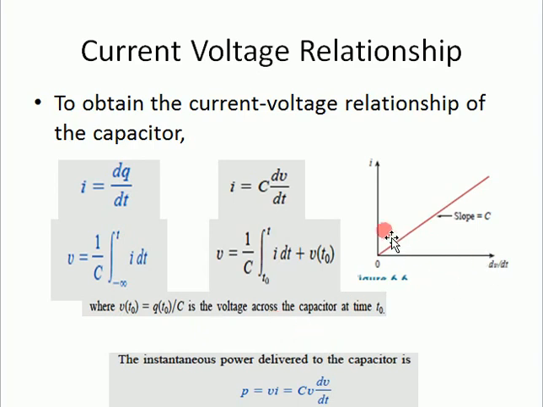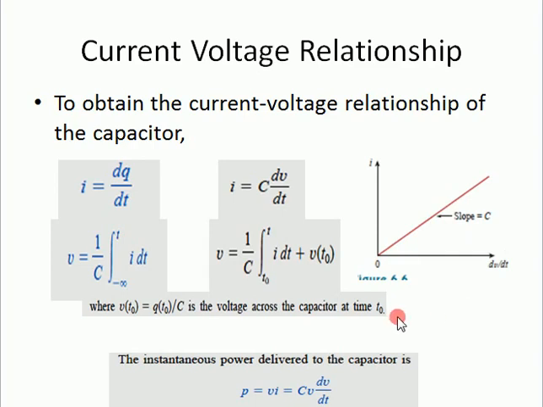This is the relationship between voltage and current, dV over dt and I, and we have a straight line here. So there is a direct relationship, and this slope gives us the capacitance of the capacitor.